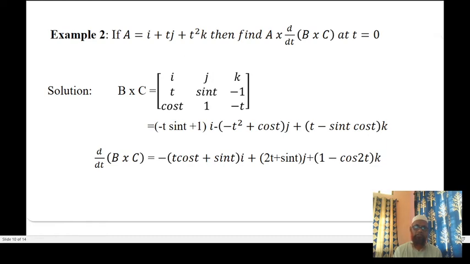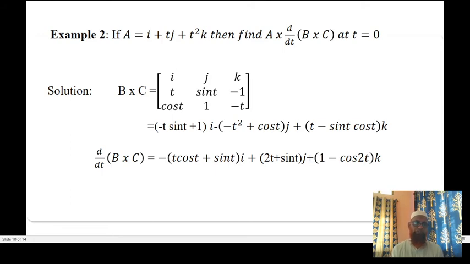So vector b is t i plus sin t j minus t k... so t, sin t, minus t, cos t, 1 minus t. If you simplify, we get (minus t sin t plus 1) into i, minus, by the third order determinant expansion, (minus t square, minus into minus plus cos t) into j plus (t minus sin t cos t).